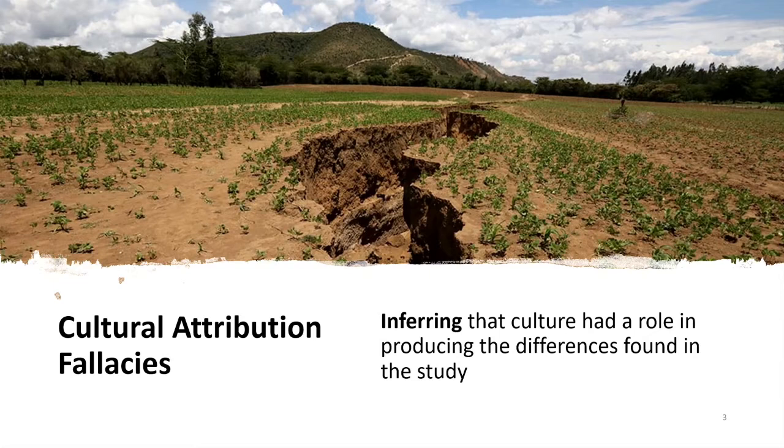Now, when we interpret research, we have to really be thinking about other reasons why we might have found differences or similarities in the groups we're looking at. And one key factor to think about that's very central to this idea is what's known as the third variable problem.